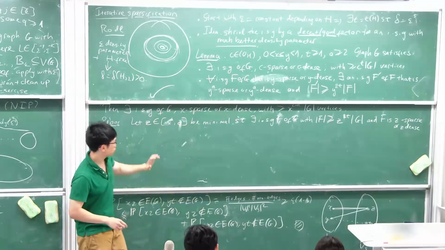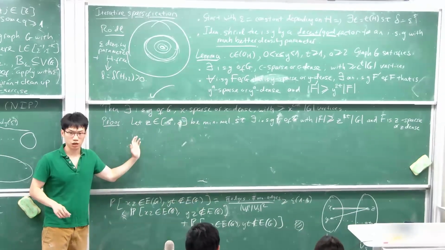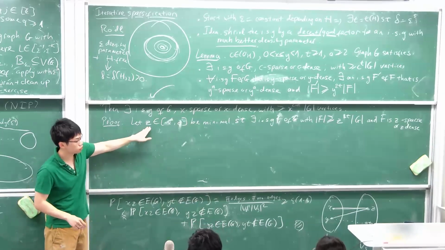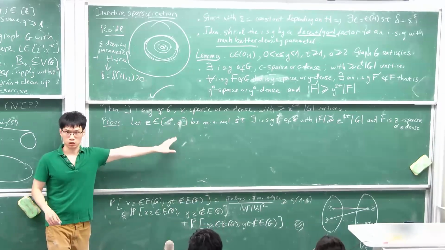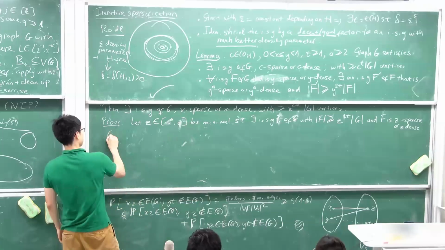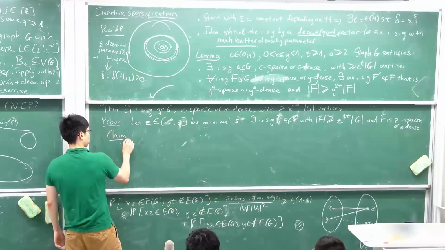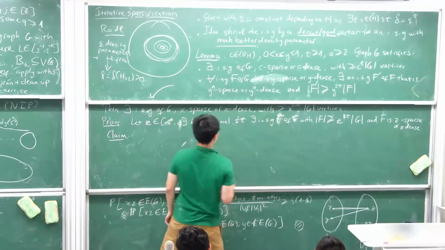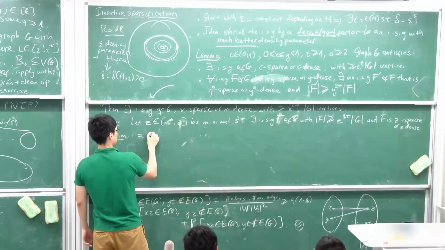So this Z certainly exists, and because we are living in the finite graph G, there is some minimal Z with this property. Now I claim, the claim here is Z has to be at most X.